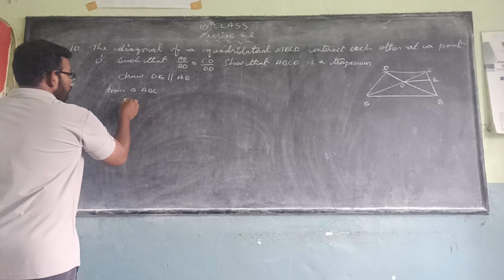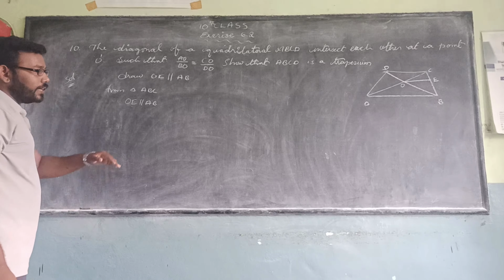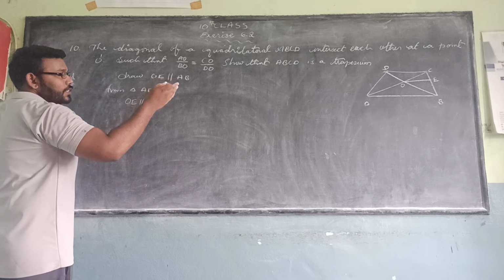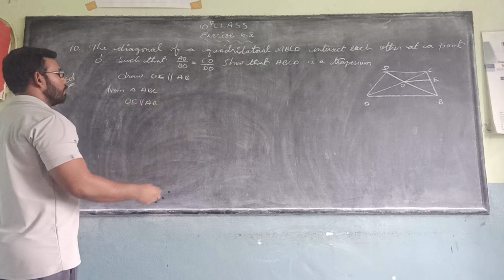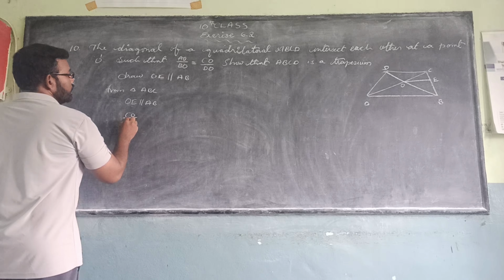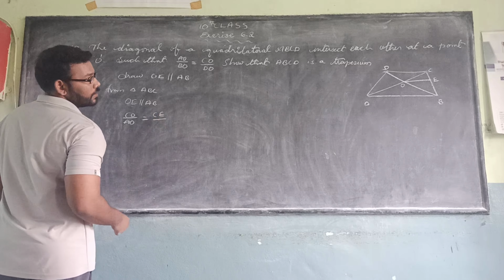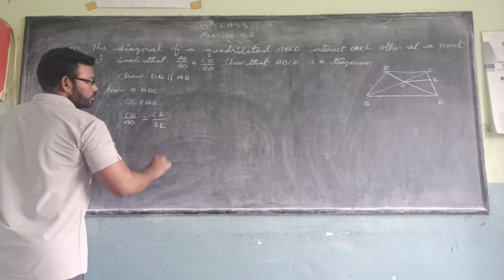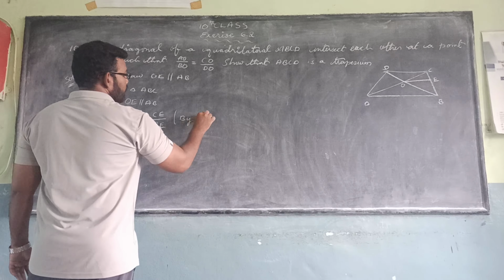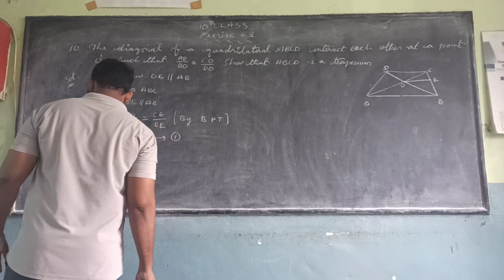Here OE is parallel to AB and it is also passing through two distinct points of the other two sides. So the ratios of the other two sides are equal by using the basic proportionality theorem. That means CO by AO is equal to CE by BE, by BPT, basic proportionality theorem. Let it be 1.